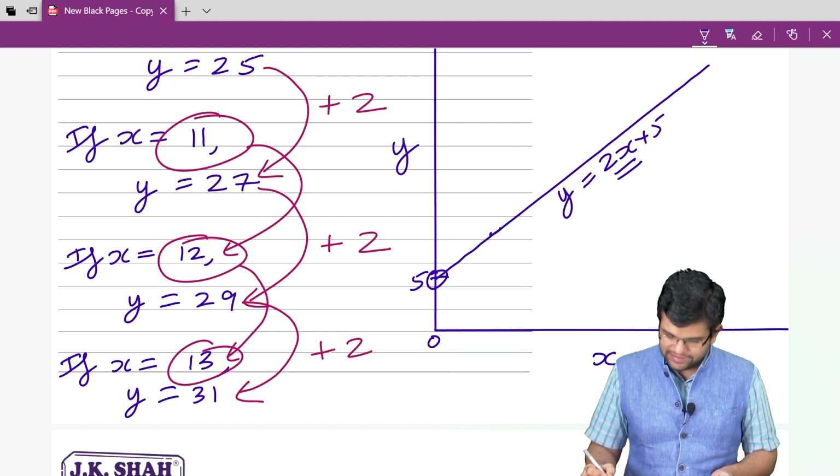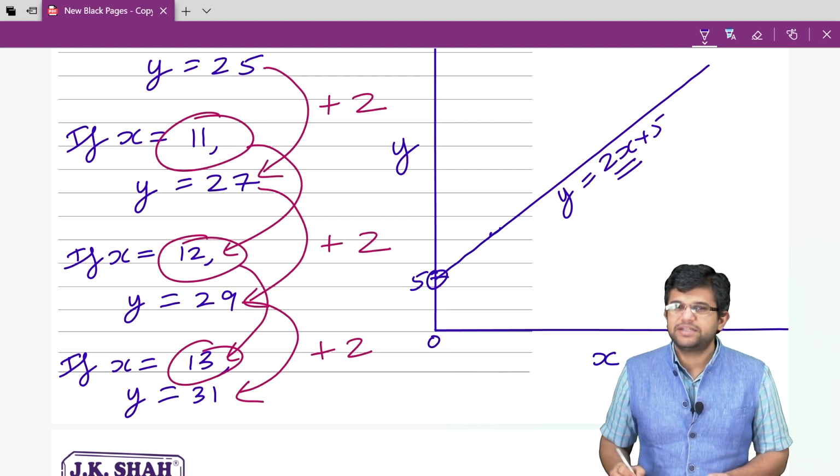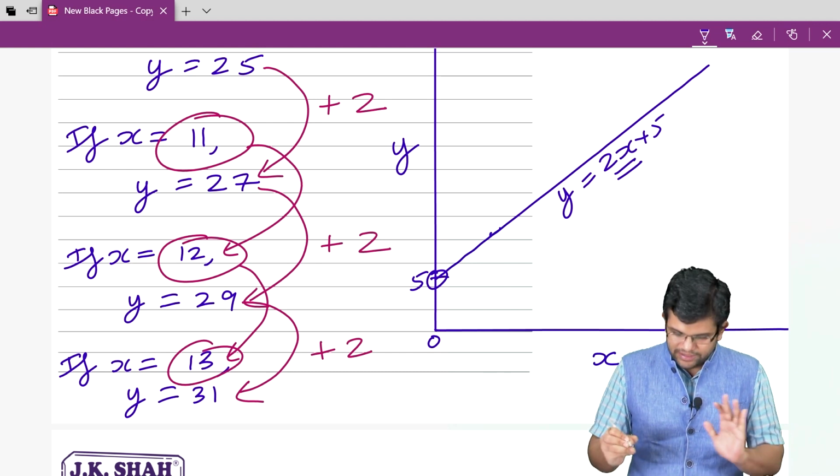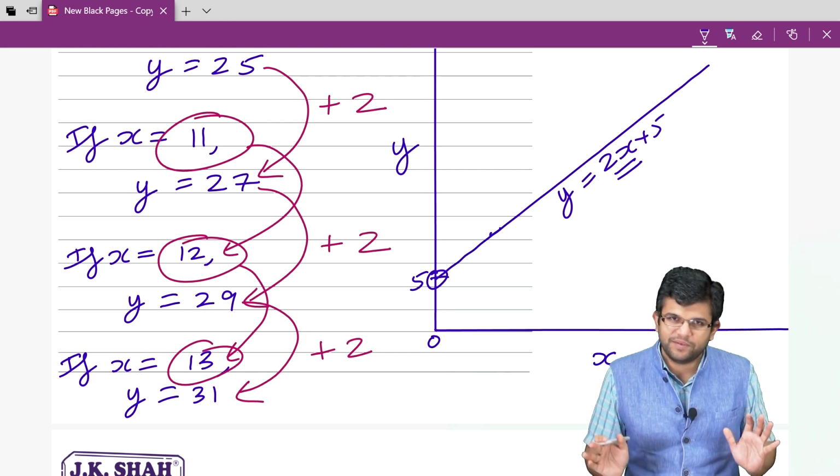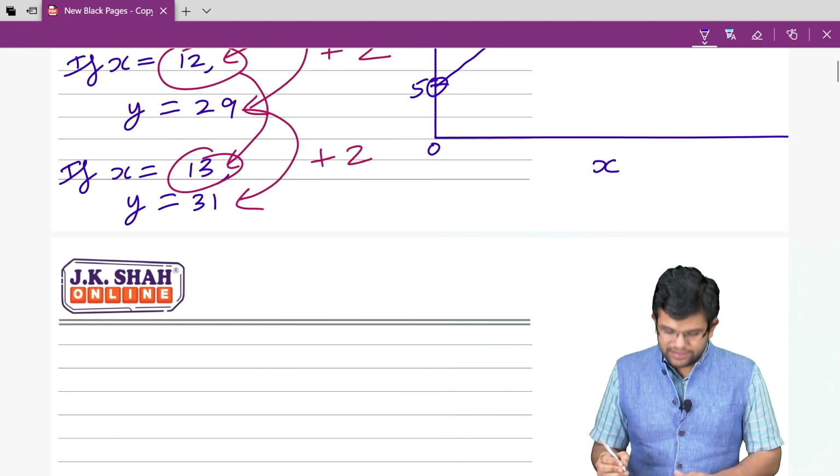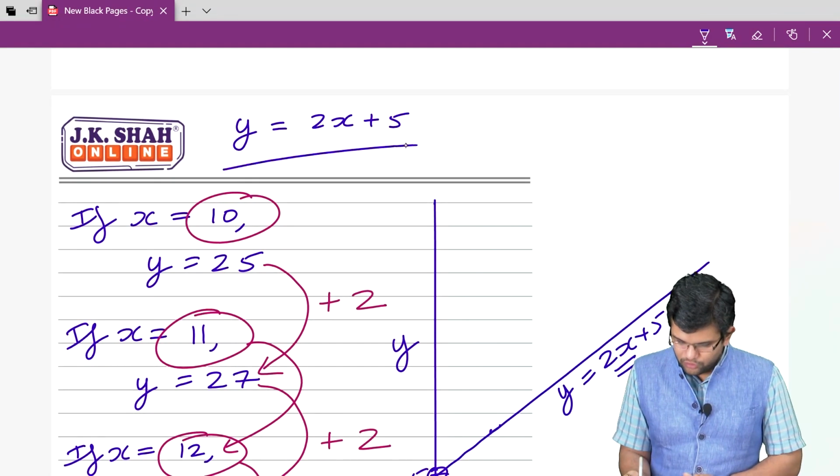Everybody clear? When x is 0, y should be 5, and this is that straight line. So this was the first part of my explanation for the derivatives using this small example of y equal to 2x plus 5.